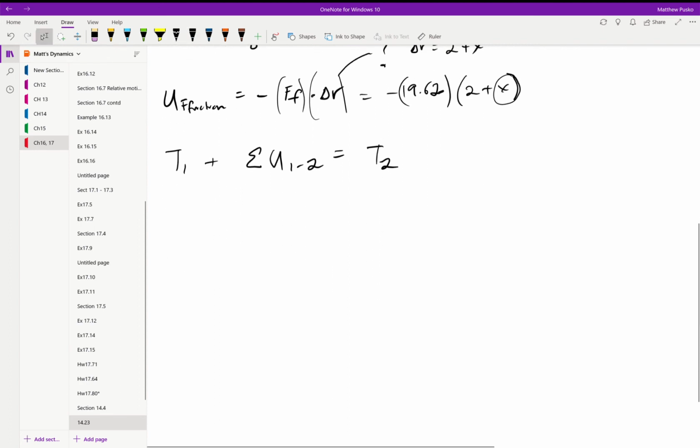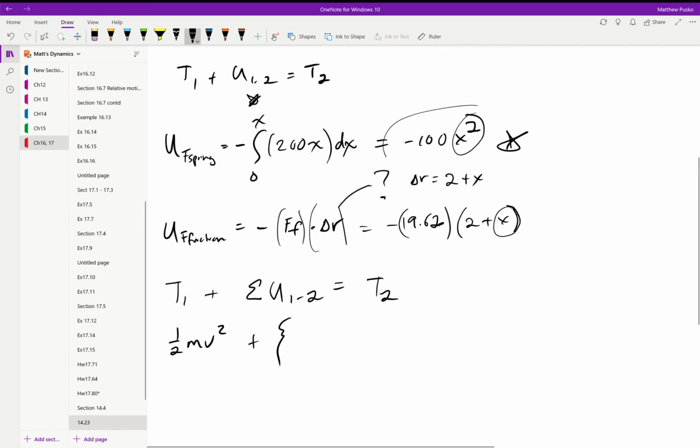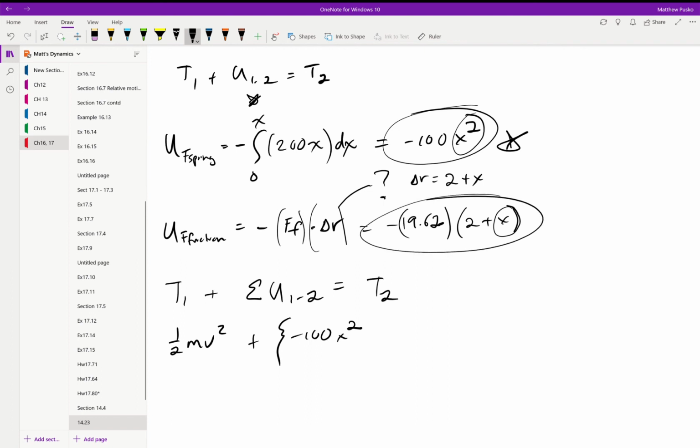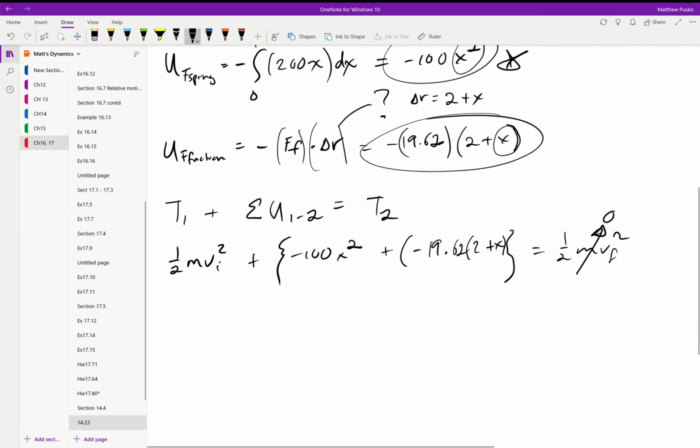We do have some initial kinetic energy, and we found a negative 100x squared and a negative 19.62 times 2 plus x. It came to rest, so the 1/2 mv squared term on the other side goes away, but I usually write it anyway.